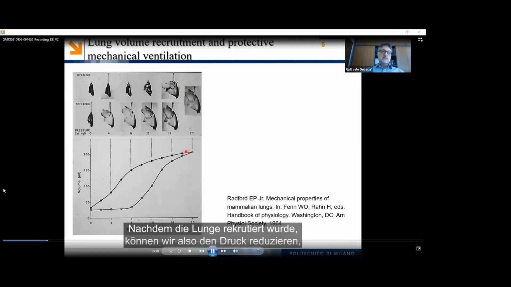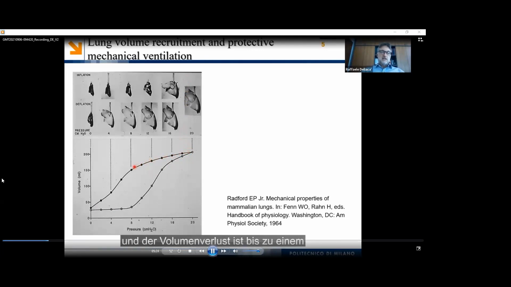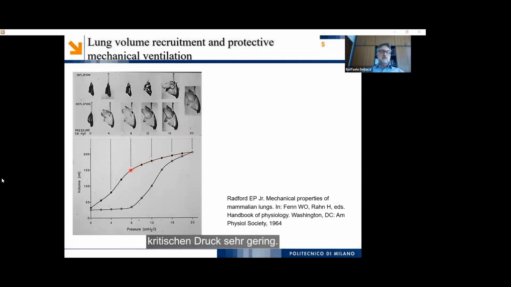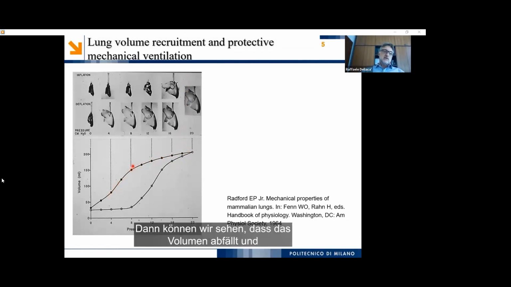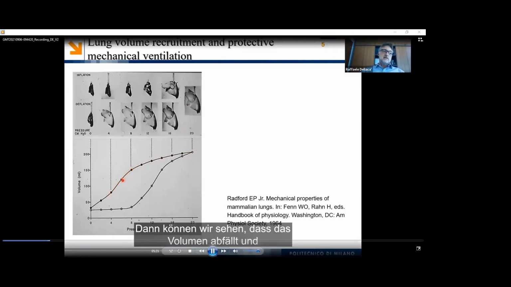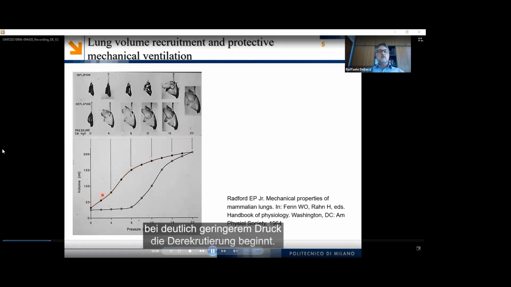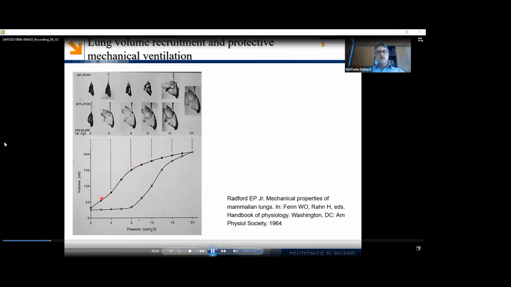So once the lung has been recruited, you can see we can reduce the pressure and the loss of volume is very small up to a different critical pressure. Then we can clearly see that we are losing volume and the recruitment is occurring at much lower pressure.